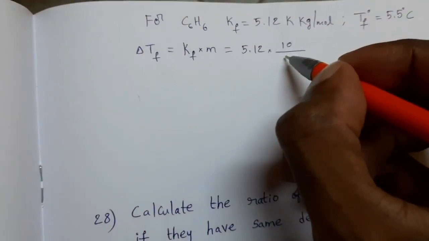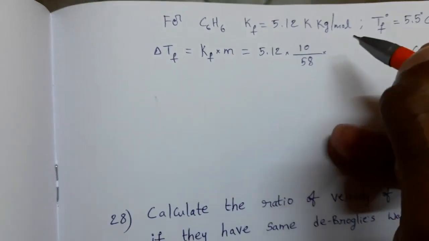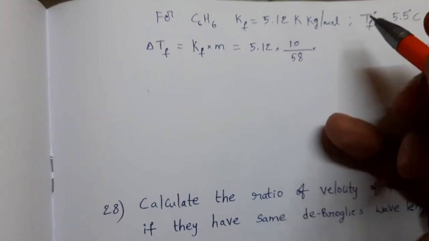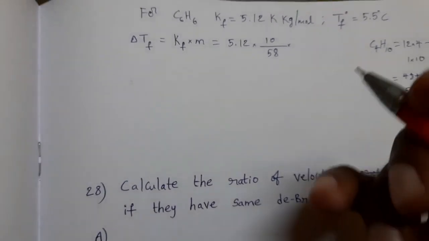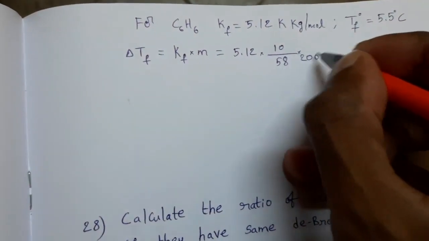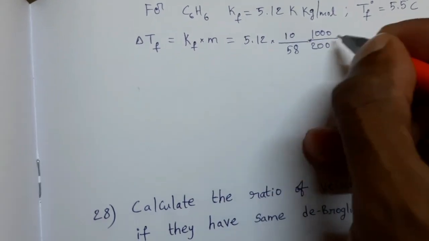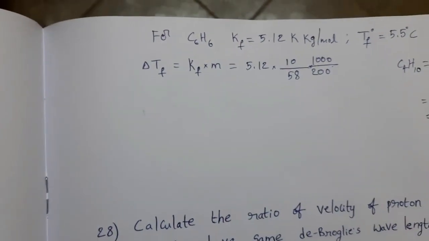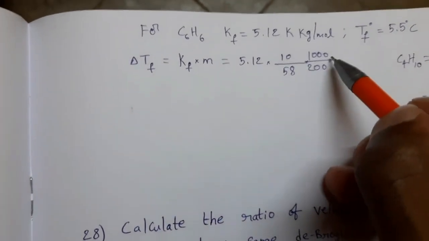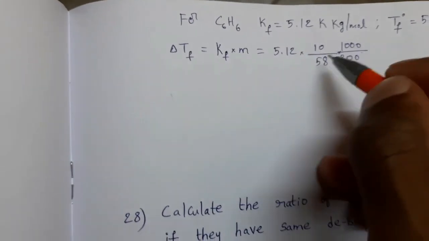So molar mass of butane is 58, into the weight of solvent. Here solvent is benzene, so 200 grams; in kilograms we have to find out, so we have to divide by 1000. Then this is the molality.